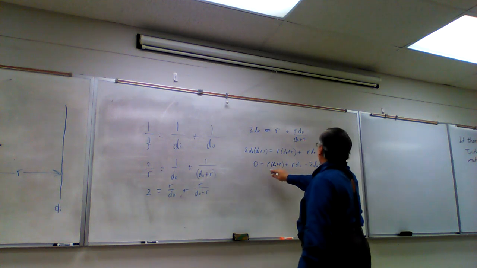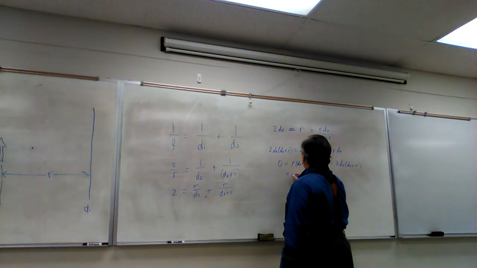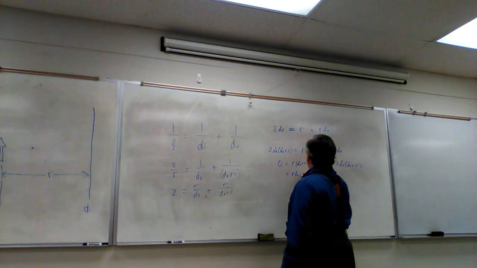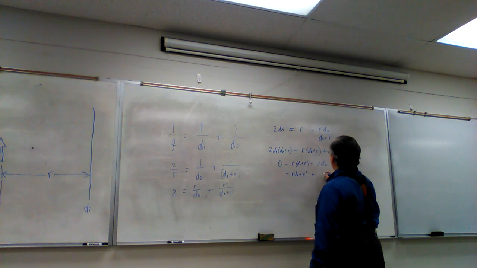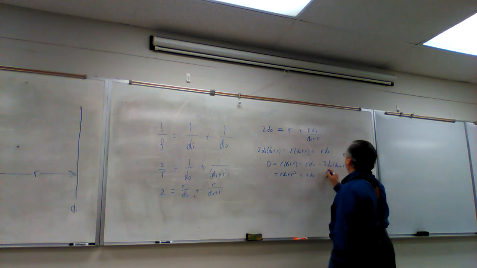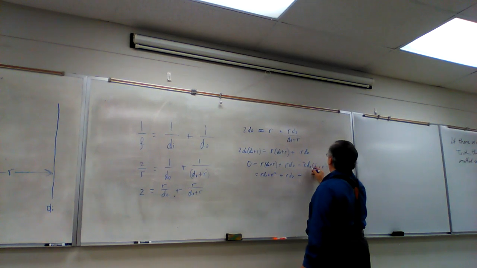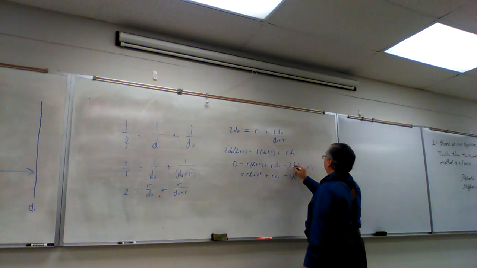So let's get rid of these parentheses, and we end up with r times d sub O plus r squared plus r times d sub O minus 2 d sub O squared minus 2 d sub O r.